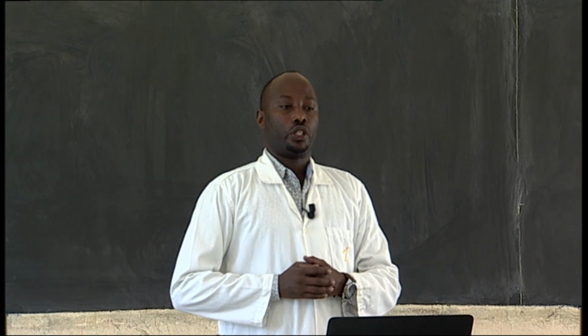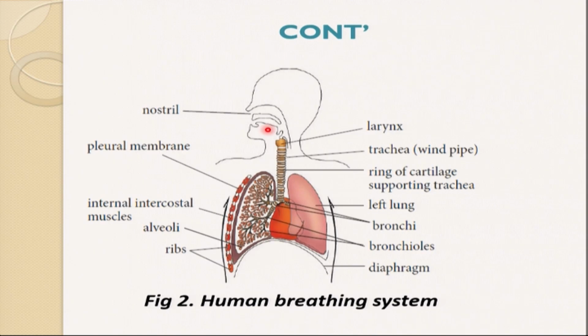Let's see the structure of the human breathing system. We have a very good diagram illustrating it. Let's go through the diagram. We have the nostril, the pleural membrane, the larynx, and the trachea or windpipe.